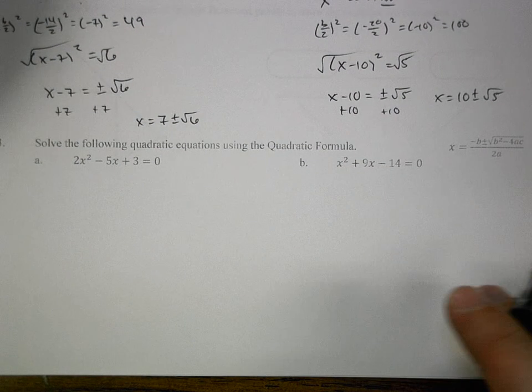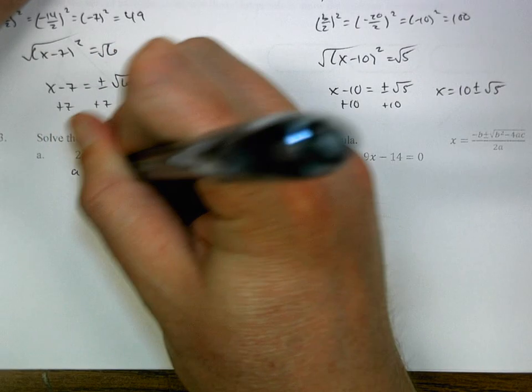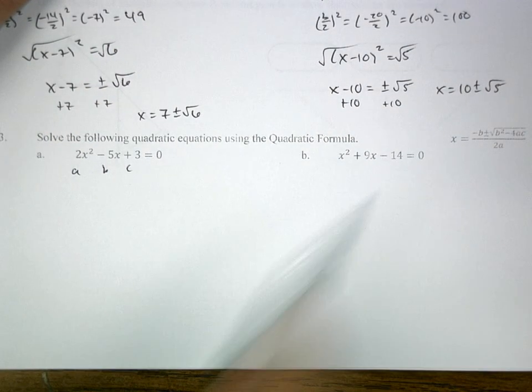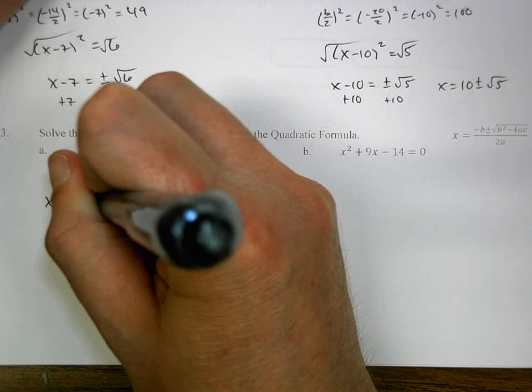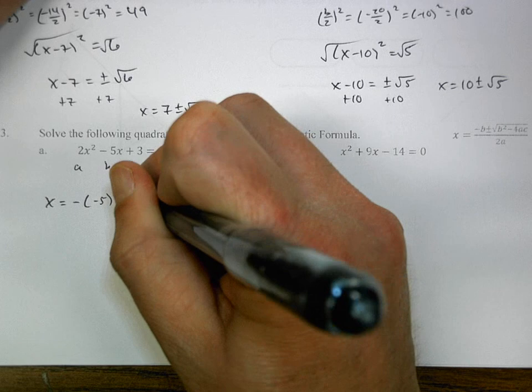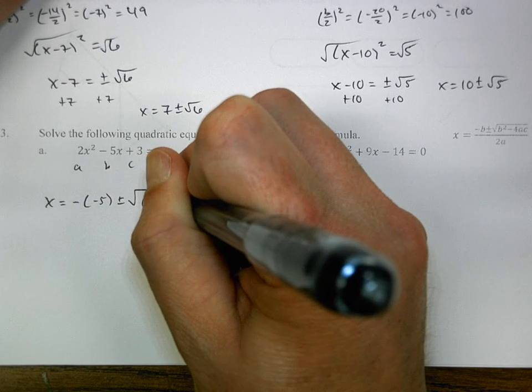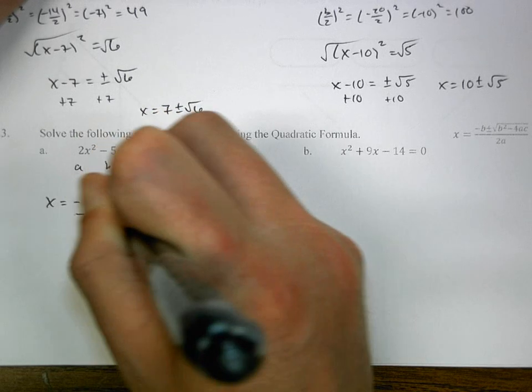Okay. Solve using the quadratic formula. So again, we've got a, b, and c. Make sure they're both equal to 0. They are. Let's plug it in. So x equals negative times a -5, plus or minus the square root of (-5) squared minus 4 times 2 times 3, all over 2 times 2.